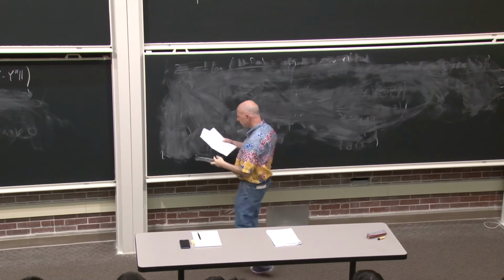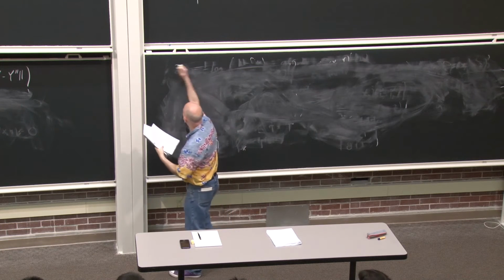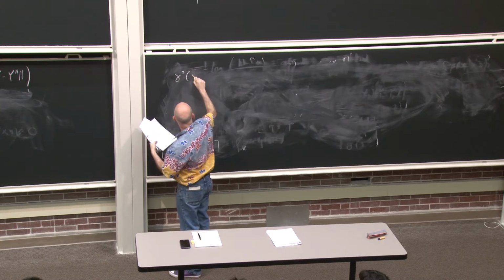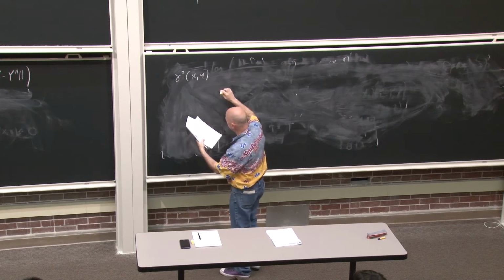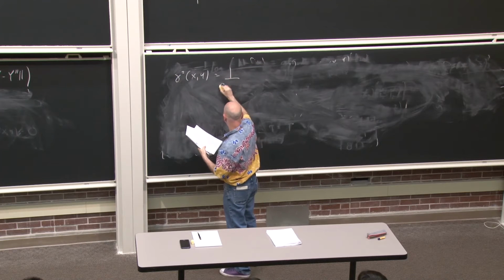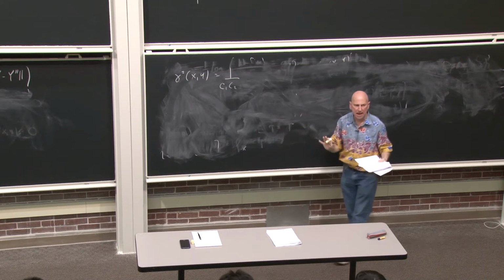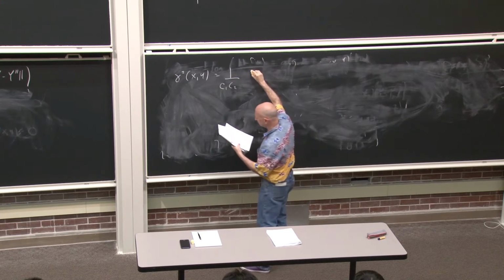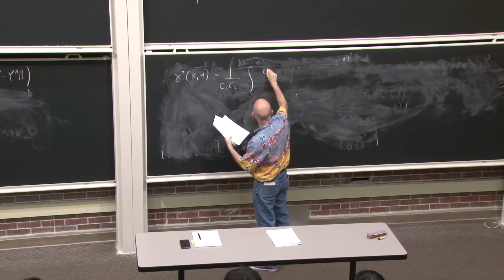So here, let me write it down and I'll explain what these terms are. I'm going to rewrite, the key thing here is the covariance, of course. Let me rewrite the covariance in a different way. There's constants. These constants are just numbers. They involve something to do with gamma functions. They're just literally numbers, so don't worry about those. The key thing is this. This can be rewritten in the following way.